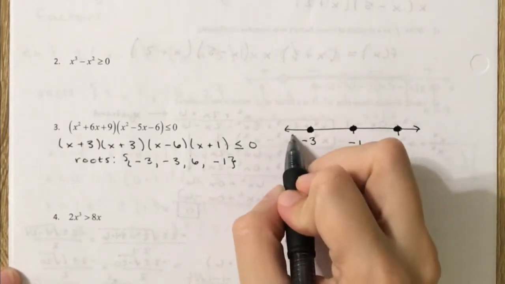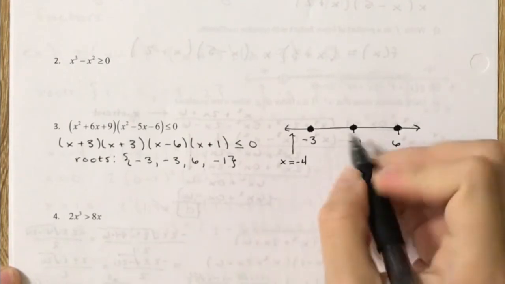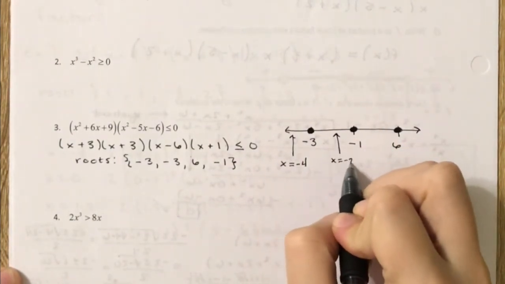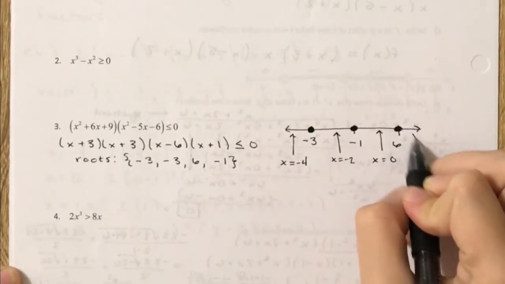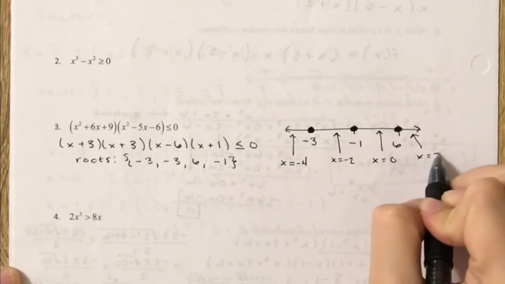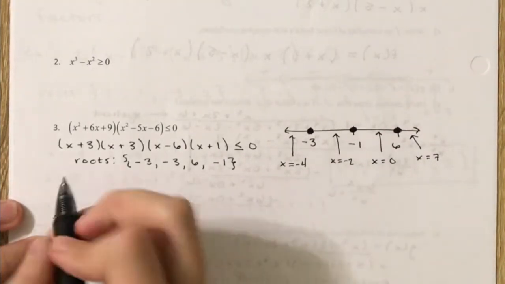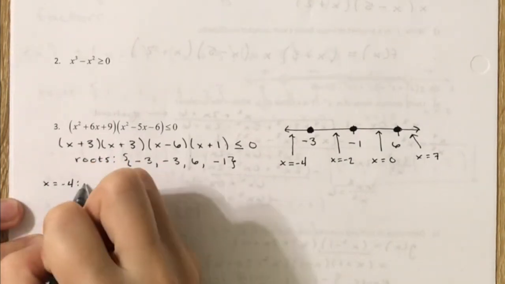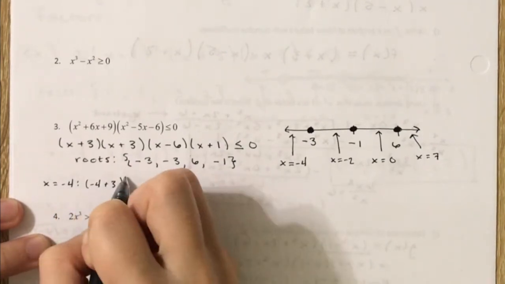Now, all that's left is to test each of the intervals. So let's test x equals -4, x equals -2, x equals 0, and x equals 7. If we plug in -4, we get negative 4 plus 3 squared.